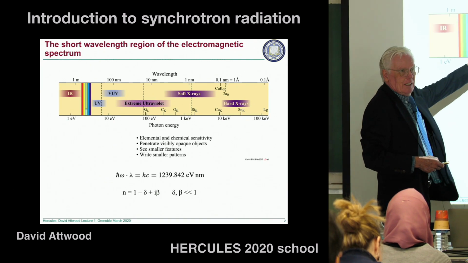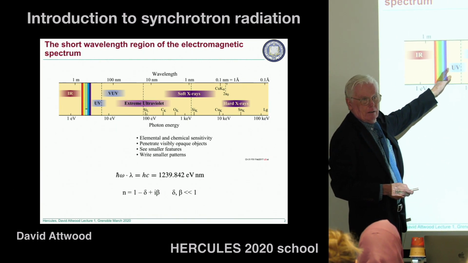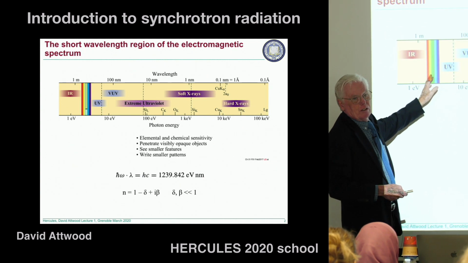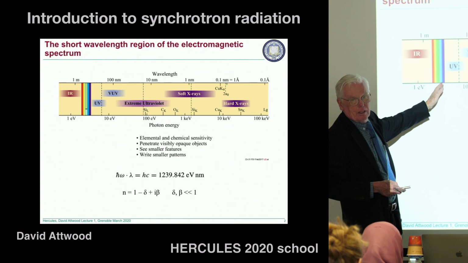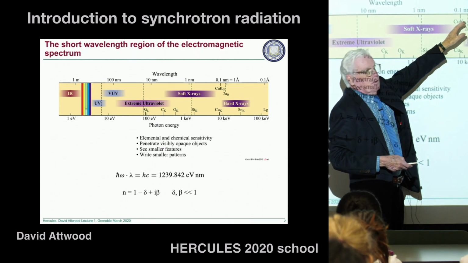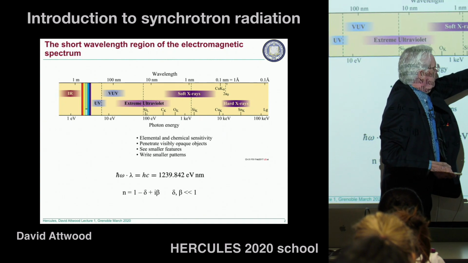This is the electromagnetic spectrum, right? Here's visible light, red to blue, as we're used to. The wavelengths here, for instance, green is 500 and something nanometers, okay? We're going to be out here with wavelengths of nanometers or angstroms. This is the region of X-rays.